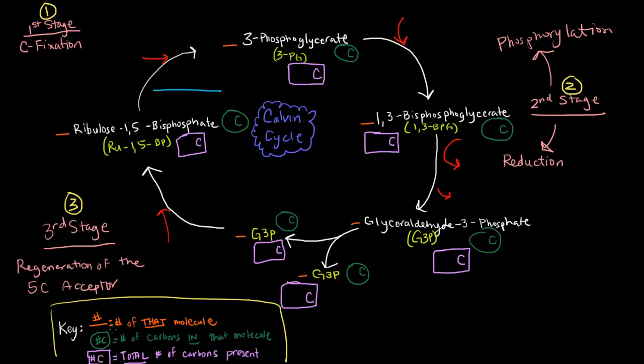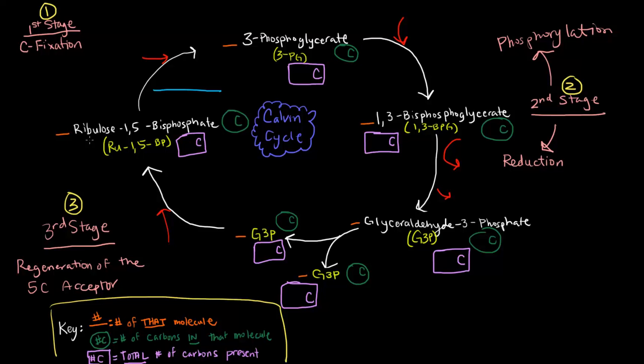So in orange, I'll be putting little numbers that indicate the number of however many molecules there are of that particular molecule. Anything in green will indicate the number of carbons in that molecule, and the number of carbons in purple that are boxed will be the total number of carbons present, which will basically be this number times this number.